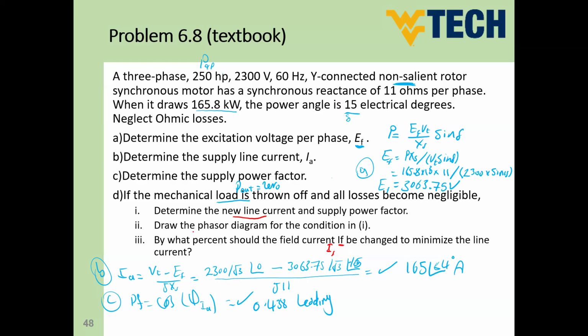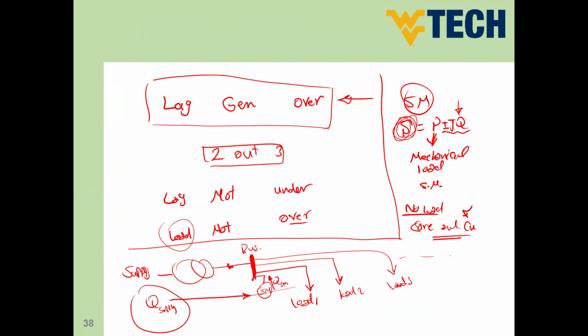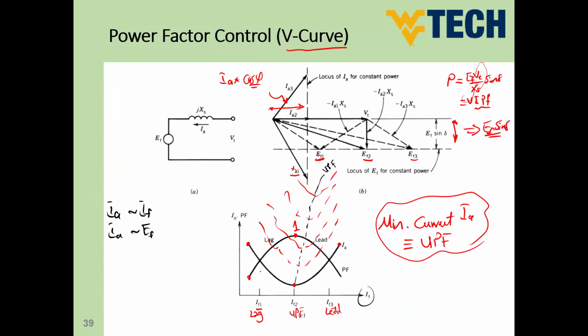If we go to the V curve, guys, the minimum line current we discussed before is only achieved at unity power factor. So the minimum current means the operation at normal excitation.